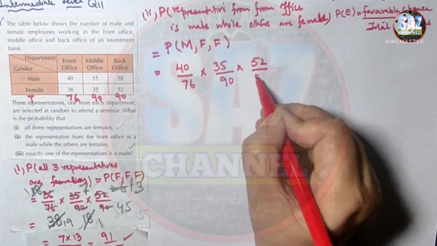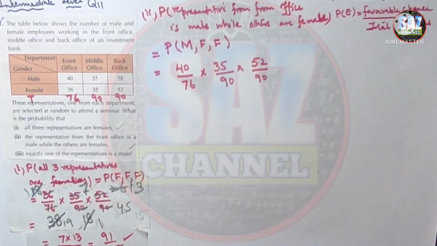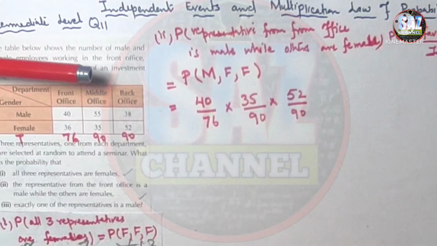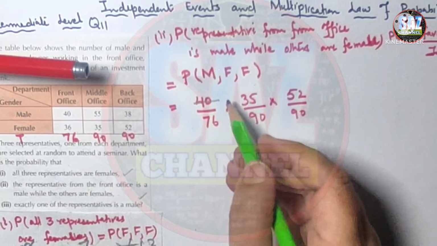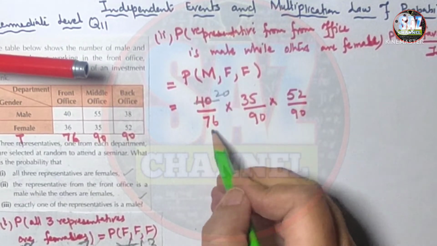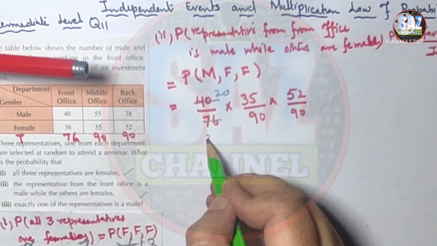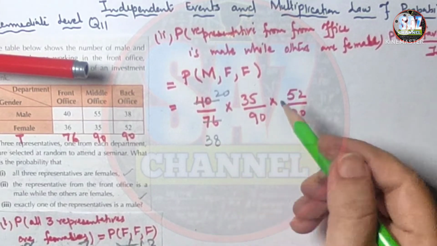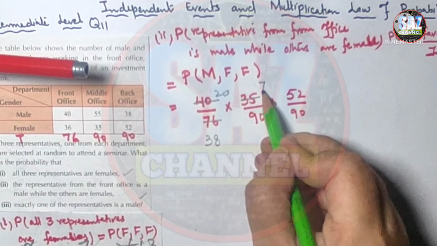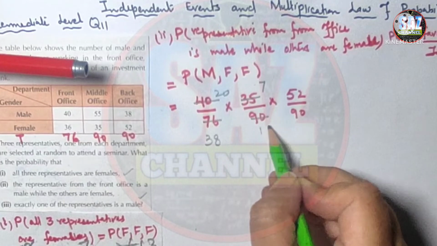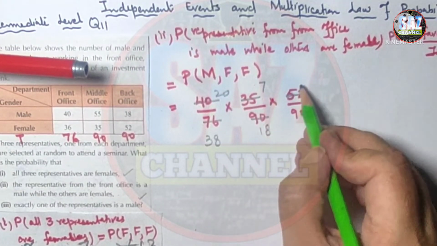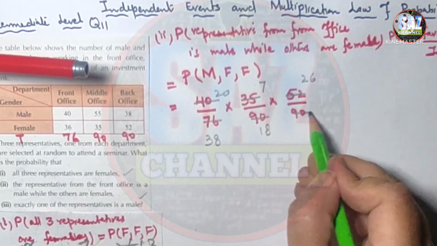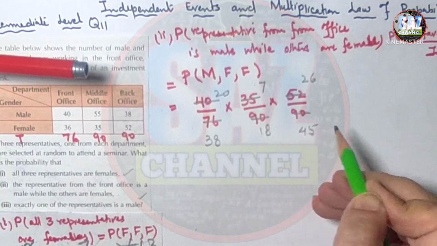The question involves large calculations, so we first do the calculations with pencil. We cancel common factors, and this calculation we have already done earlier.